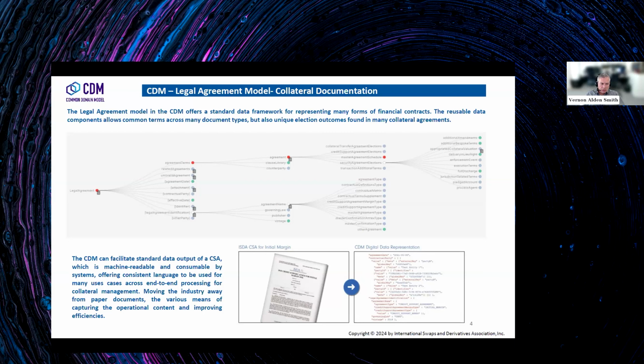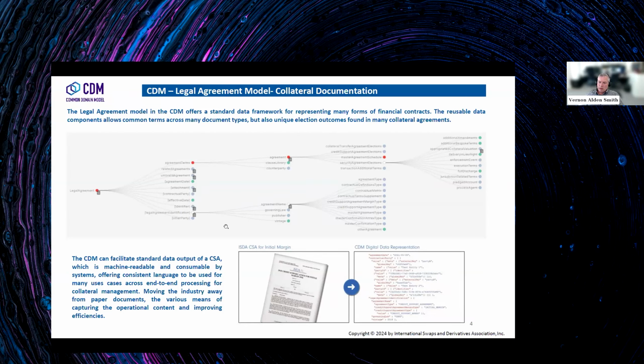These can be prioritized in the CDM to focus on operational clauses needed in collateral systems for day-to-day processes. But the CDM also offers open data string flexibility for more bespoke language as well. So you can digitize a majority of the interesting parts of the agreement that's needed on a day-to-day basis.